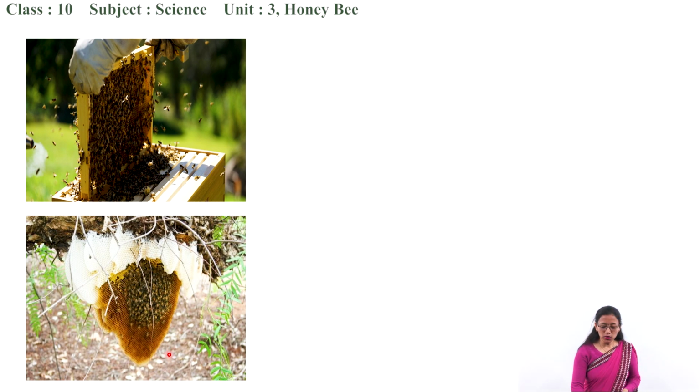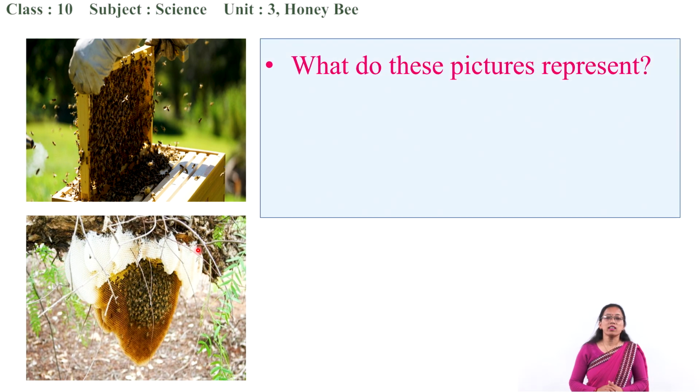So, can you say where these types of hives are found? Have you seen these types of hives? Okay, some questions are here. Let's discuss them. What do these pictures represent? Yes, there are two pictures. What do these two pictures represent?